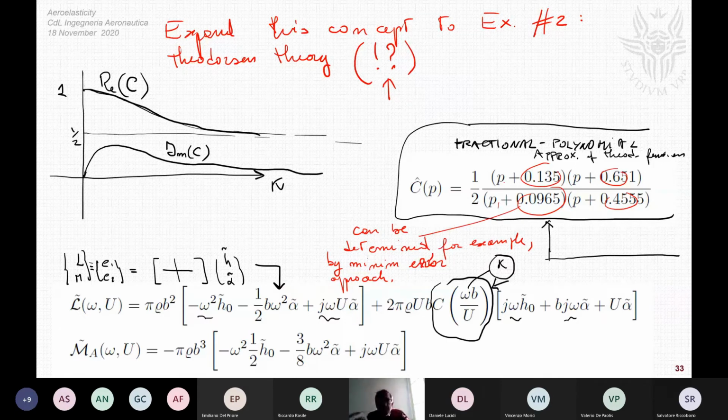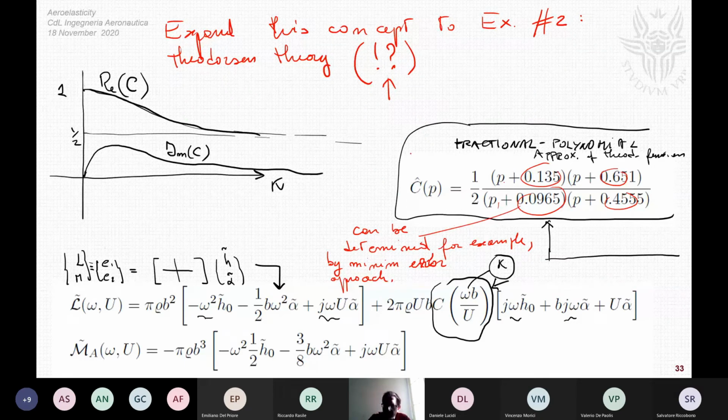This fractional approximation is not only a pure mathematical approximation, it's something more. It's suggesting to us that we are close to transforming our integral differential system into a pure differential system, also in the case of the Theodorsen theory.